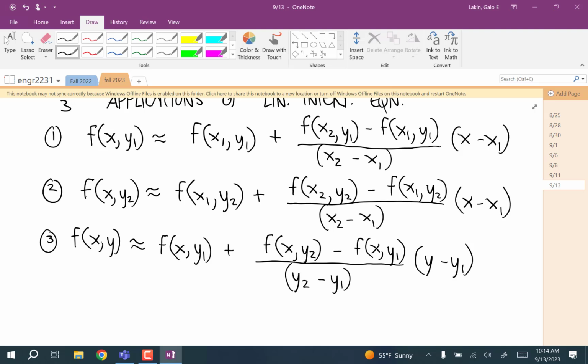This is all still kind of abstract, but what we're trying to do here is, if we have a superheated vapor, say, so it's not at saturation, and we're trying to calculate the specific internal energy at a given temperature and pressure, then our x values are going to be, say, temperature, and our y values are going to be pressure.